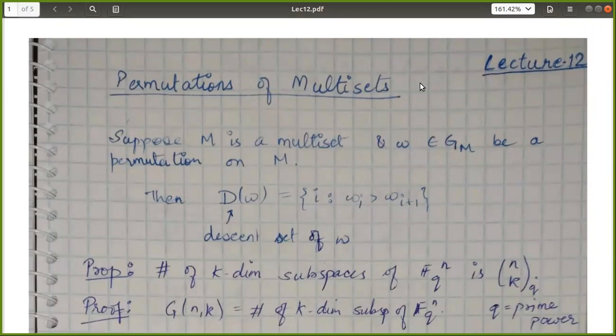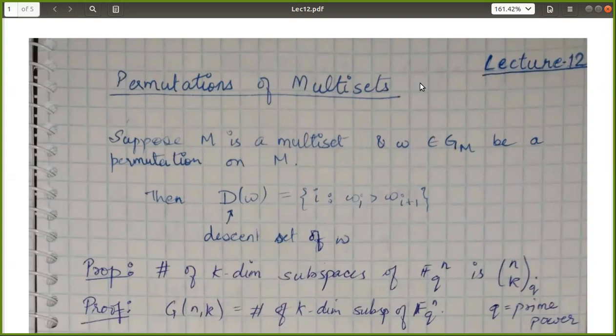Why? Because given any two numbers, either one of them was smaller than the other or the other way around. But now when you're dealing with a multiset, there can be a possibility of hitting two numbers which may be equal as well, however appearing at different locations in the permutation W, right? Just like in the word generating, E appears in two different locations.